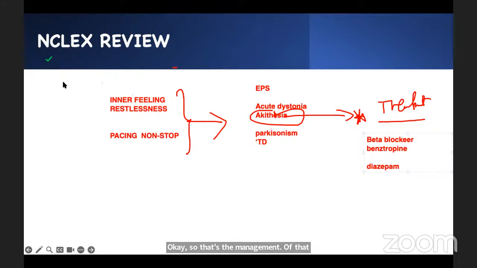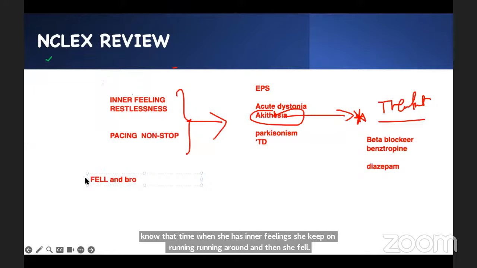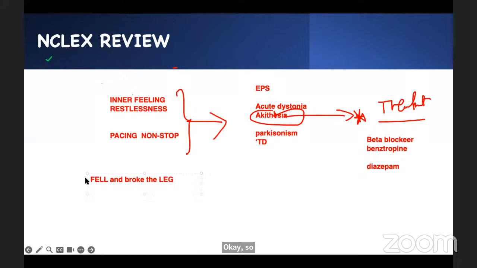During that time, when she has the inner feeling, she keeps running around, and then she fell and broke her leg. The left ankle. She broke the left ankle, and now she has crutches.